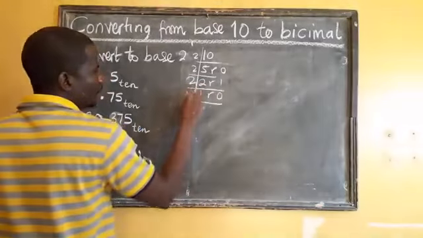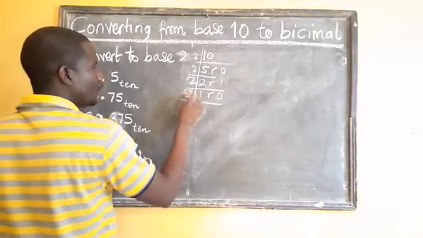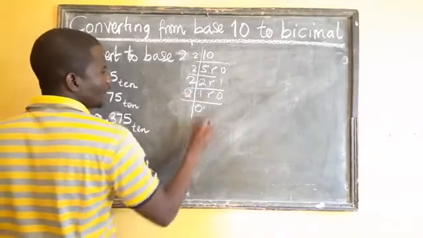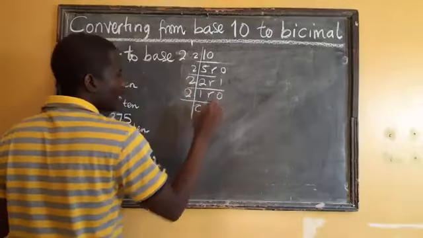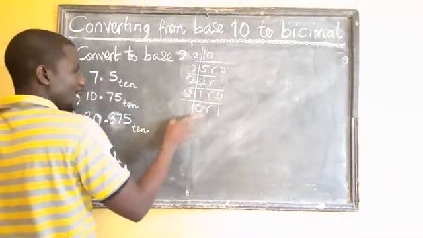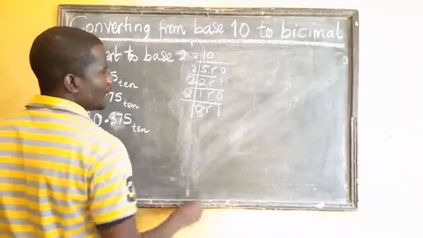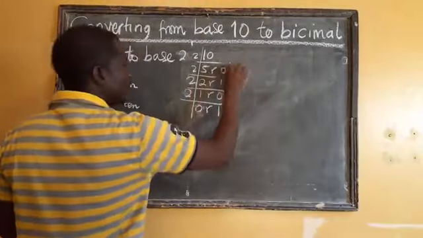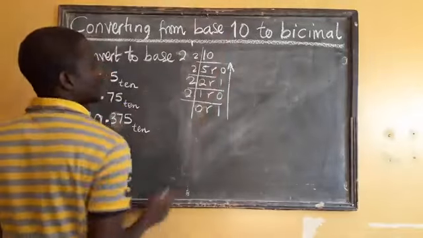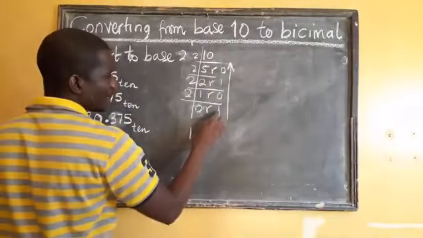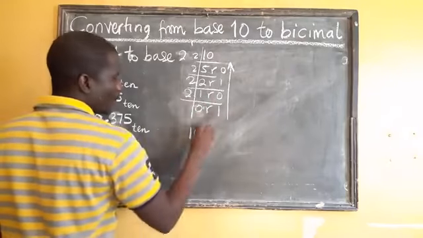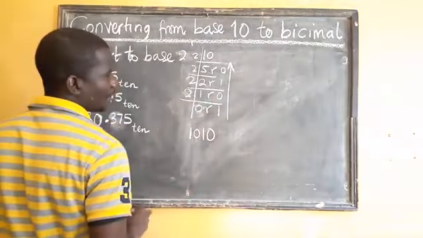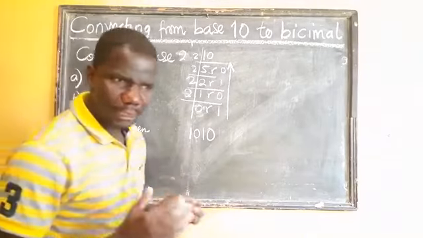Then 1 divided by 2 is 0, remainder 1, until we have 0 here. Then how do we do it? We get the answers going upward. So it will be 1, 0, 1, 0. That is only for the whole number part.